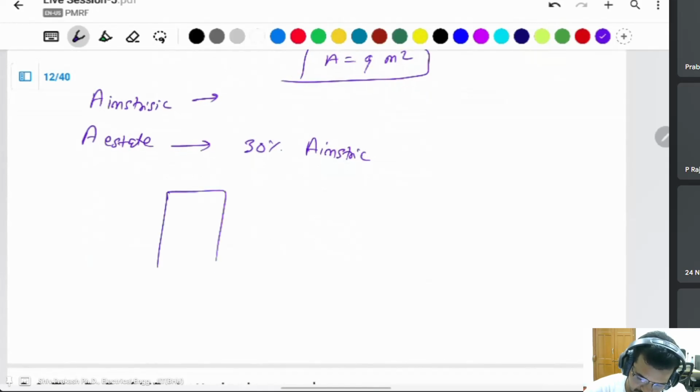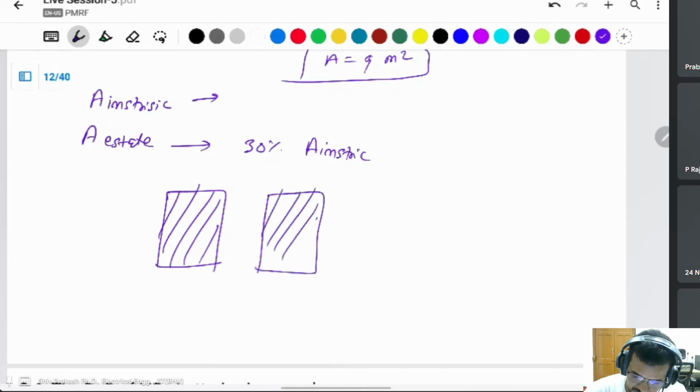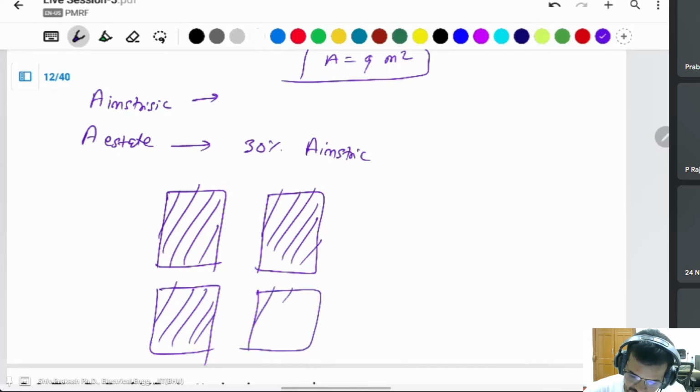Suppose a panel is here, and some panel is here also. Suppose the area of this one is A, then the total intrinsic area is 4A.